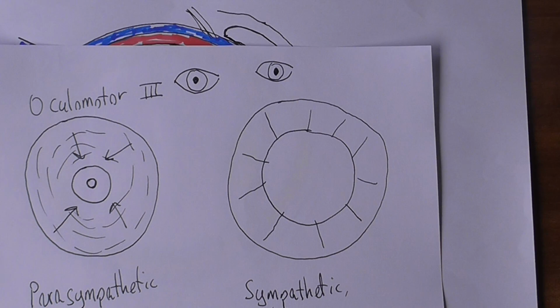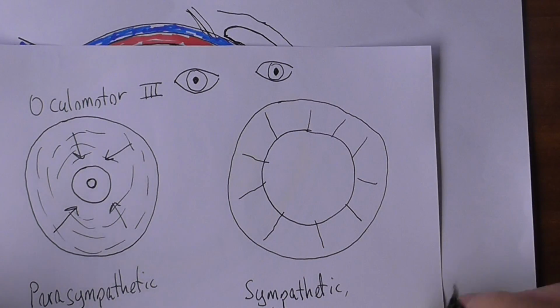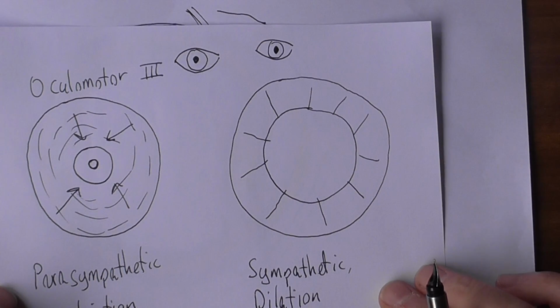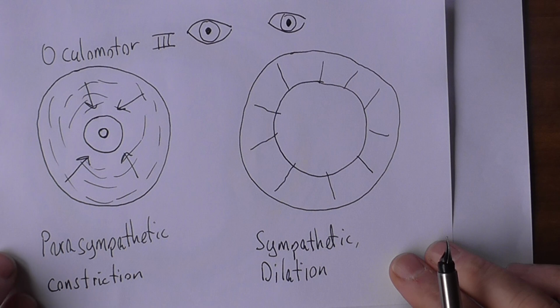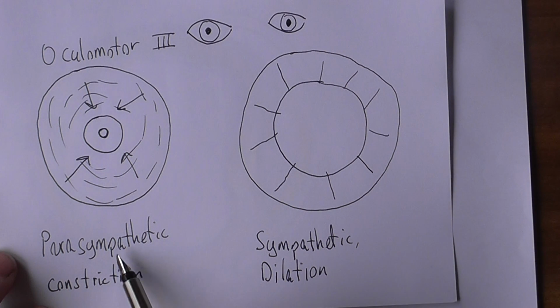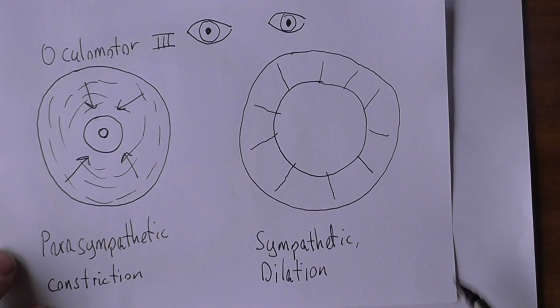So an important clinical indicator. We want to look at how the pupils are constricting, how quickly they constrict, but above all making sure that they are equal. But in the physiological situations, it's the parasympathetic that's causing the constriction and the sympathetic which is causing the dilation. The circular fibres contracting to bring about the constriction and the radial fibres contracting to bring about the dilation.